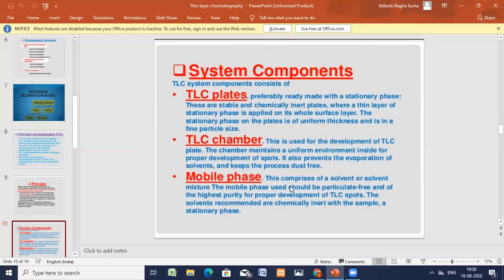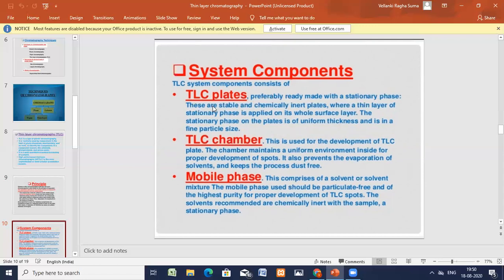RF values can be affected by the thickness of the layer, between 200 micrometers also. Now coming to the preparation of the thin layers on the glass plates, TLC plates are preferably ready-made with stationary phase. A brief introduction is given before explaining the system components.